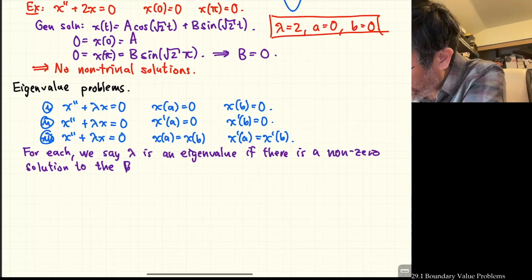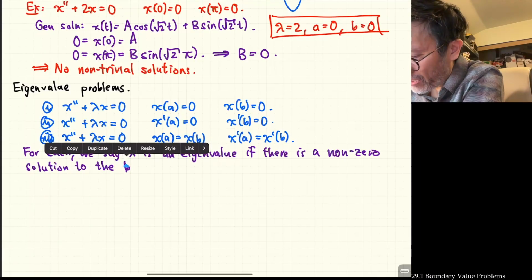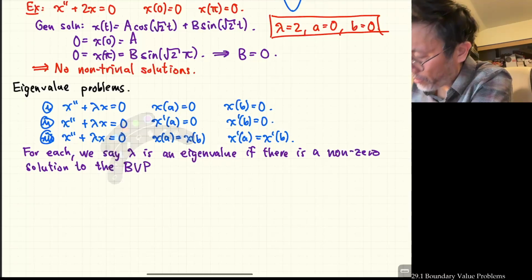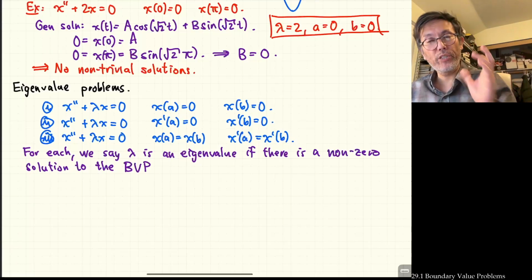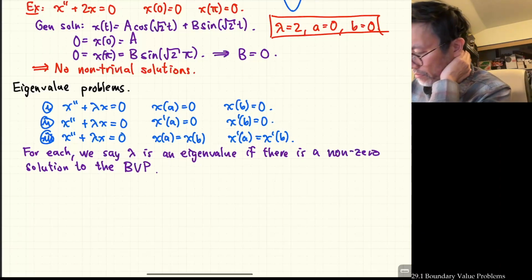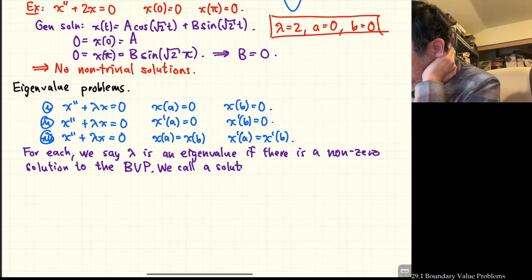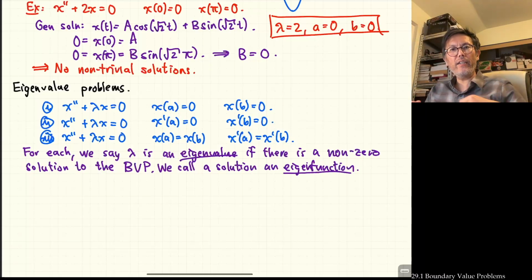We call a solution which is non-zero an eigenfunction. So this is really new terminology: an eigenfunction. So we have the notion of an eigenvalue, and we have the notion of an eigenfunction.